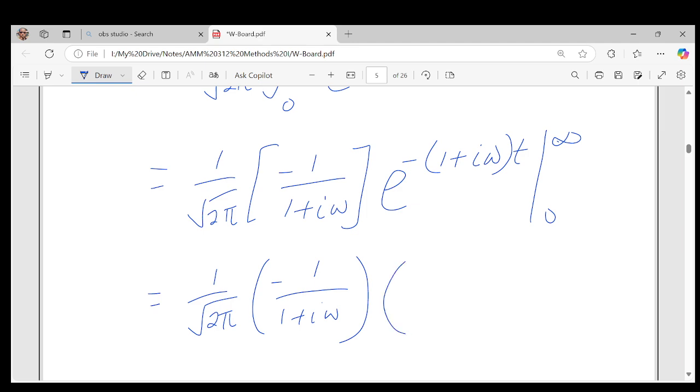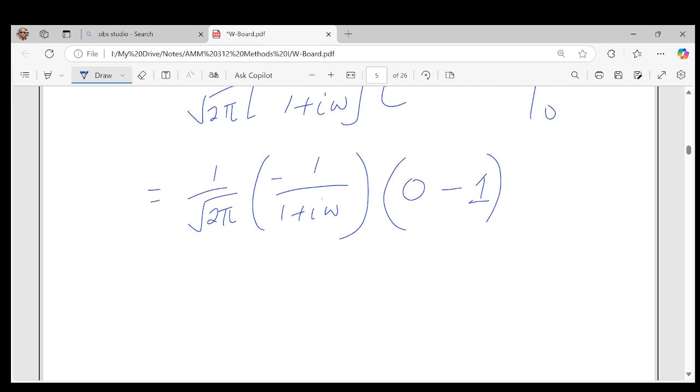When t goes to infinity, the power is negative, so this quantity becomes very small; the limit approaches 0. Then when t is 0, e raised to power 0 is 1.